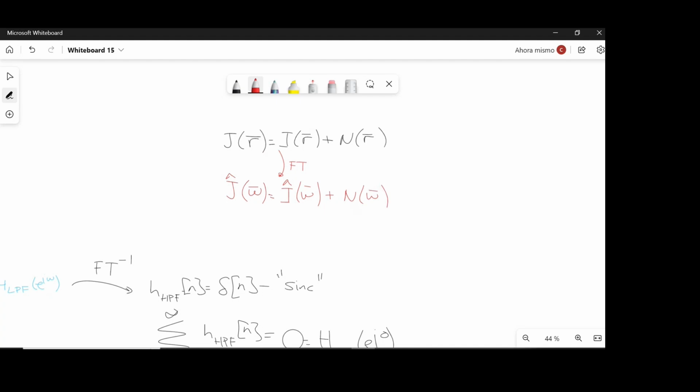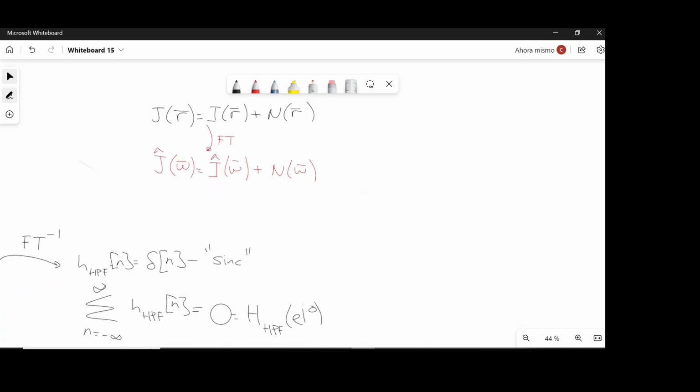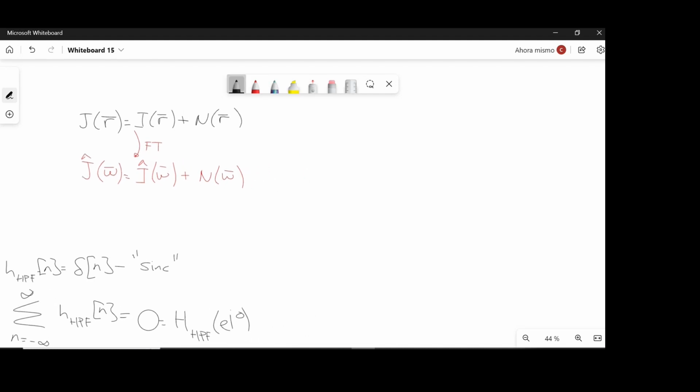Claro, ¿esto qué es? Pues voy a hacerlo en uno de estos, que lo puedo pintar más. Yo tengo mi eje omega, y aquí lo voy a representar todo, la I, la J y la E. Este es mi espectro.